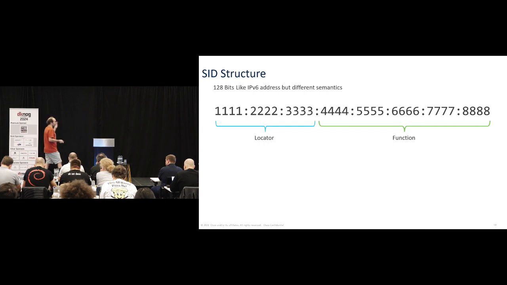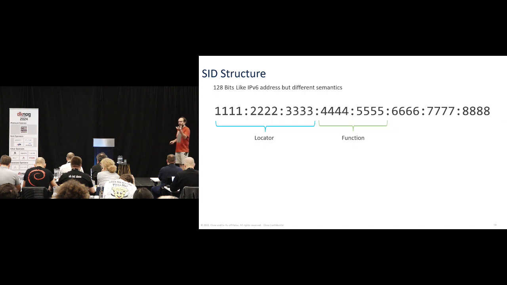I'll keep it simple and make it 48. Then I have a function. It's very unlikely that any device in the network would have 2 to the power 80 different functions, different functionalities. So it's not very common. The function is usually a little smaller, and there is what we call padding.